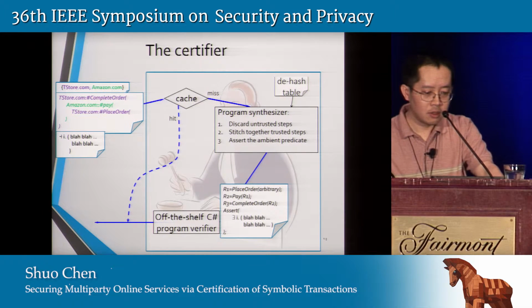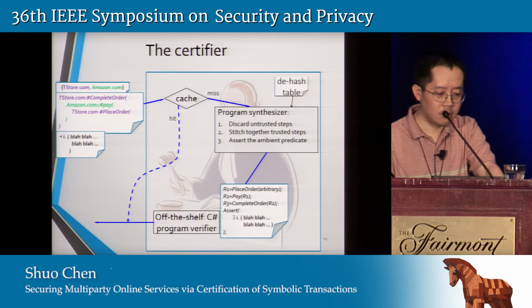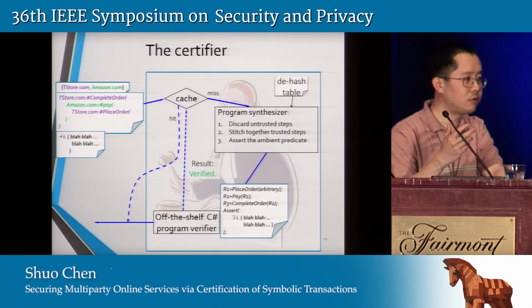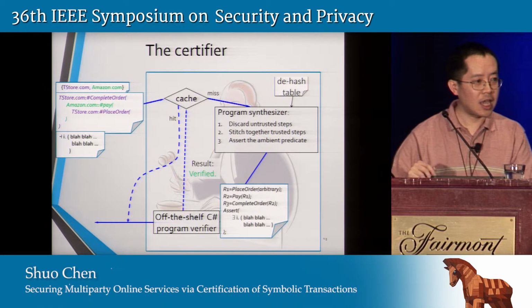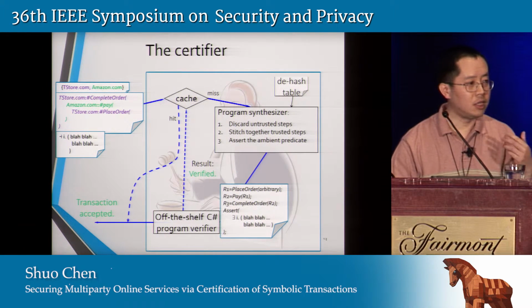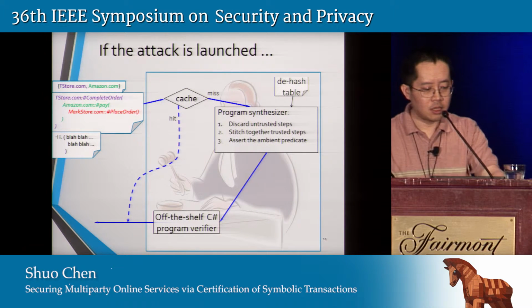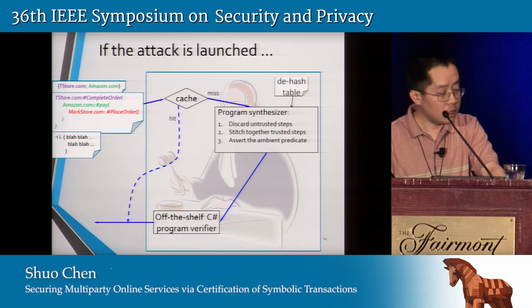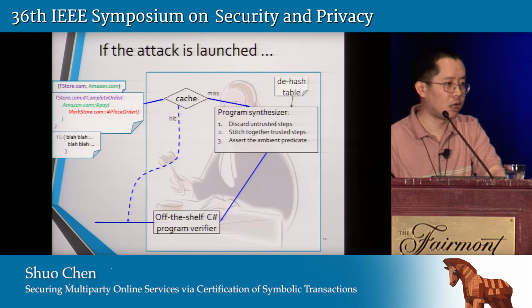In this case, these 3 method calls are sufficient to ensure the ambient predicate. That's why this verification is successful. Then it writes the verification result into the cache, and in the meanwhile, this transaction is accepted. Now, on the other hand, if the previous attack is launched, then this is the final SymT, and you can see that the first step happens on a party called markstore.com, which is not trusted.